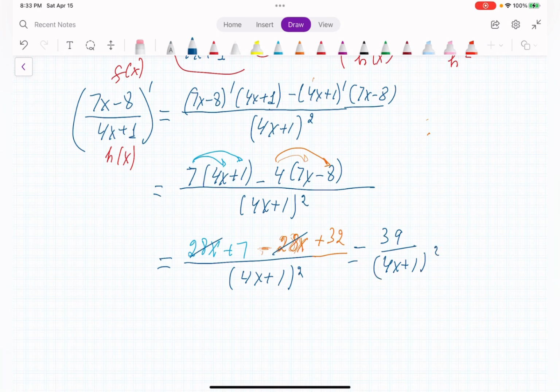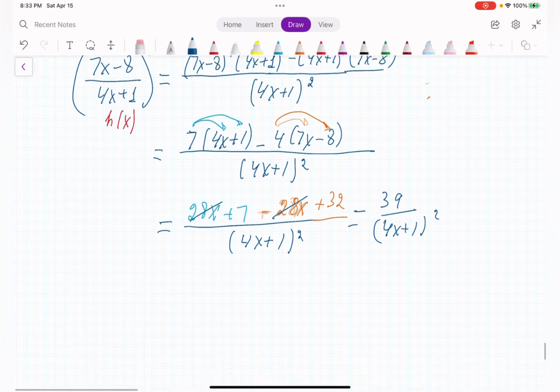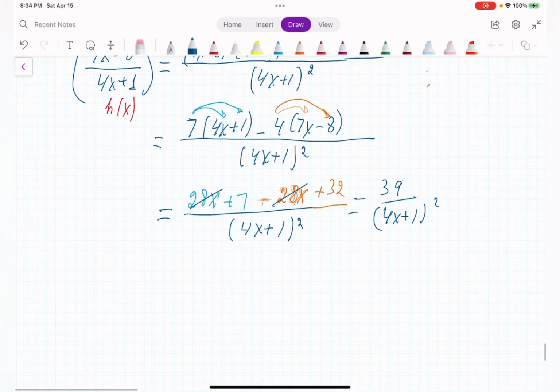Now let's show the same 7x minus 8 over 4x plus 1 via the multiplication rule.